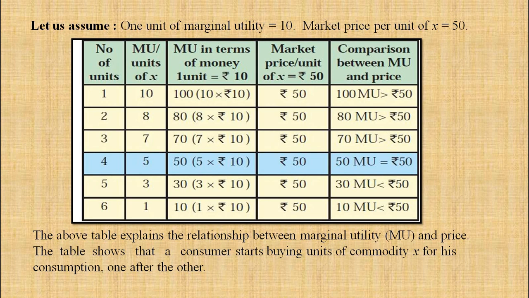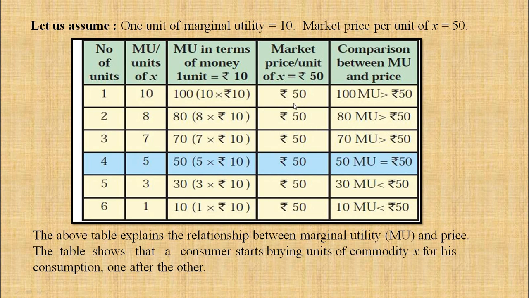Market price per unit of X is 50. So now understand, from the first unit, the marginal utility is 10. The MU in terms of money is 10 into 10, that is 100. That is 10 units of marginal utility into 10 as the price. So it is coming as 100, and the market price is 50.